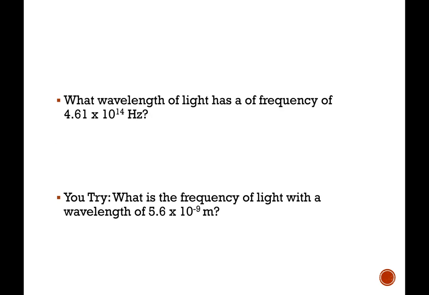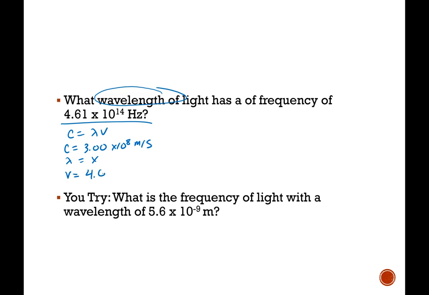Let's do a couple problems. What wavelength of light has a frequency of 4.61 times 10 to the 14 hertz? We're using c equals wavelength times frequency. Again, c is a constant, 3 times 10 to the 8th meters per second. Wavelength is my unknown. Frequency is 4.61 times 10 to the 14. I'm going to write it as inverse seconds just so you can see units canceling here.